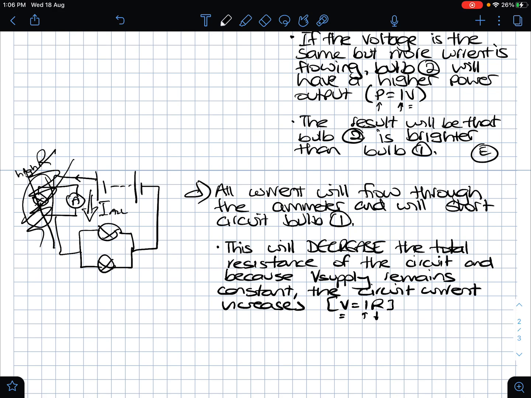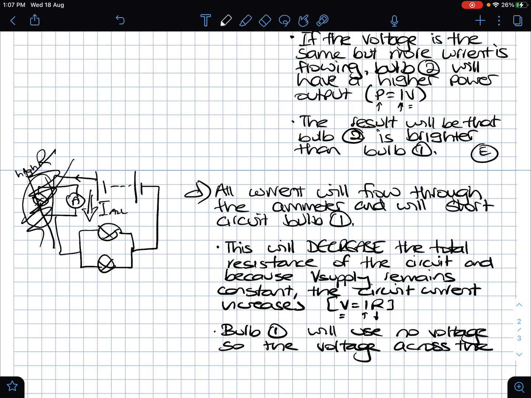Okay, so if the circuit current increases and bulb 1 will use no voltage because there's no current going through it, the voltage across the parallel branches will increase.